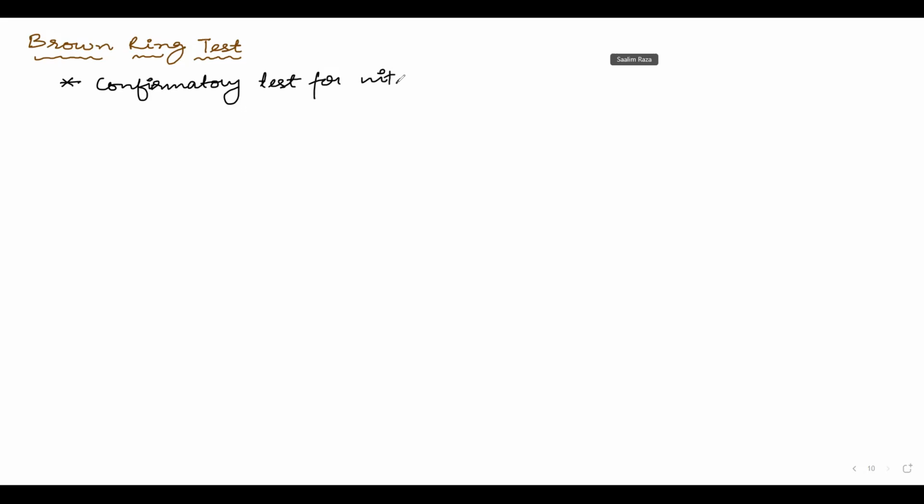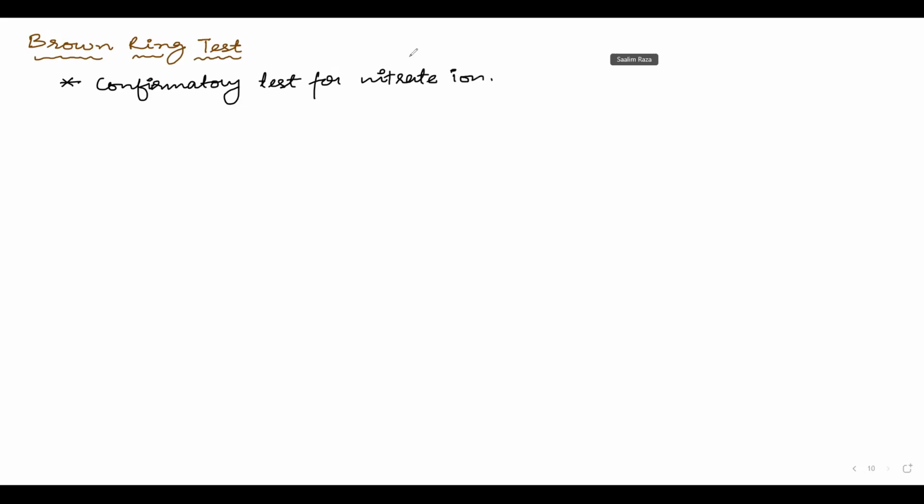Now write brown ring test. First, what is this? It is a confirmatory test for nitrate ion.